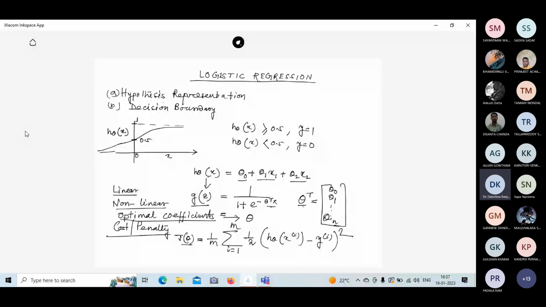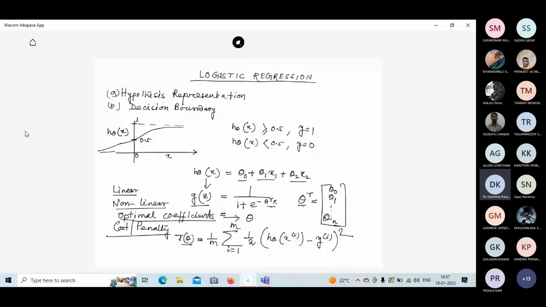So here we have the training examples x1 y1, x2 y2, and here we get xm ym. Since logistic regression is a supervised learning technique, the class labels y1 to ym are all associated with the data points x1 to xm.